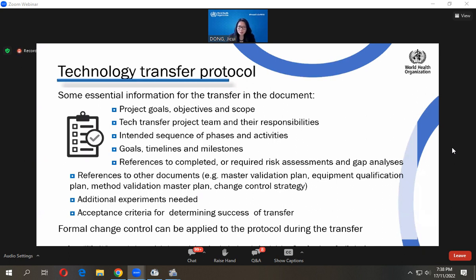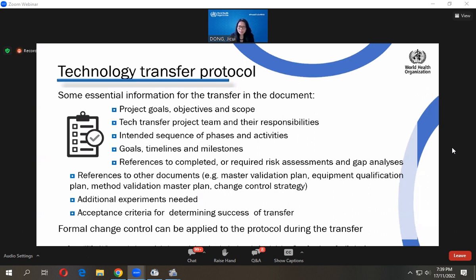And also the technology transfer project team, we need to build up this project team. Sometimes not only including the technology holders and the receivers, sometimes we also need to include the marketing authorization holders in the project team, and also identify and write down what the responsibilities are for each team member, so make them accountable.